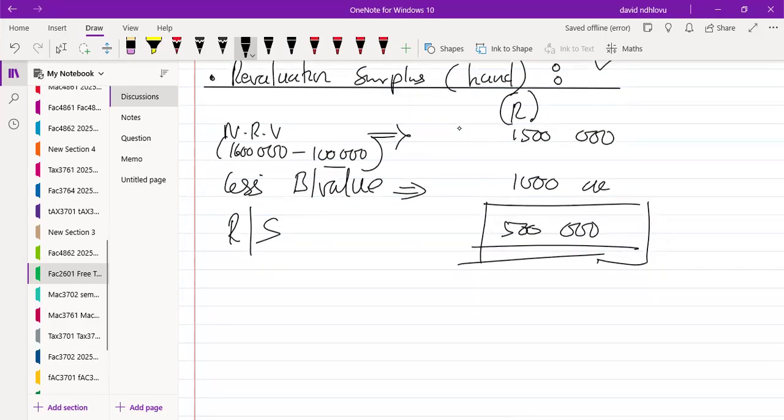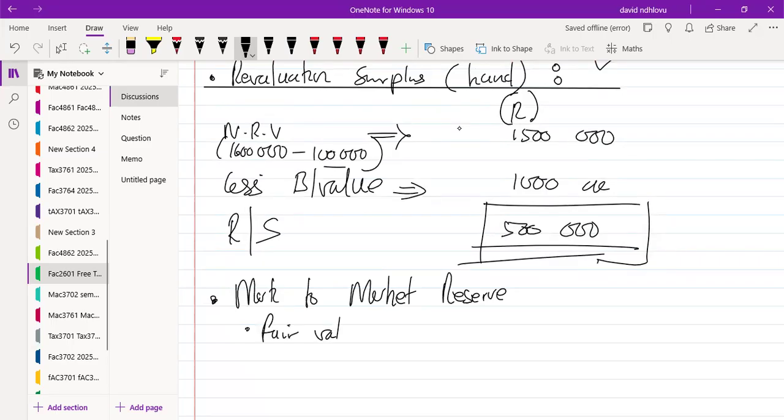The other amount that you add is what is called the mark to market reserve. This is your fair value gain through OCI.